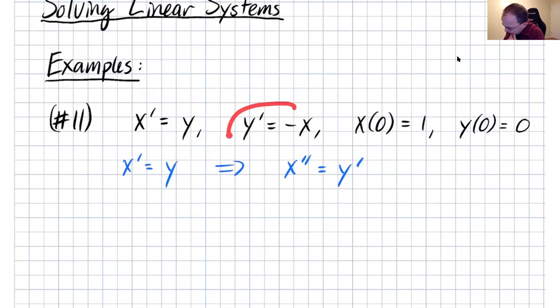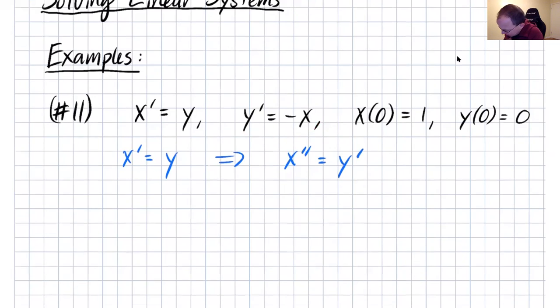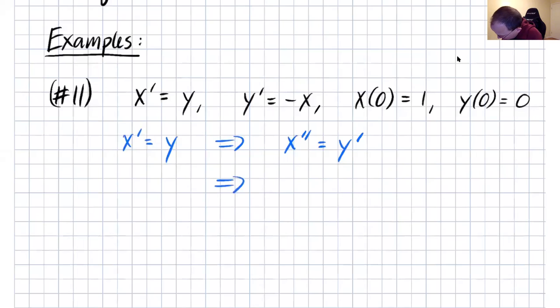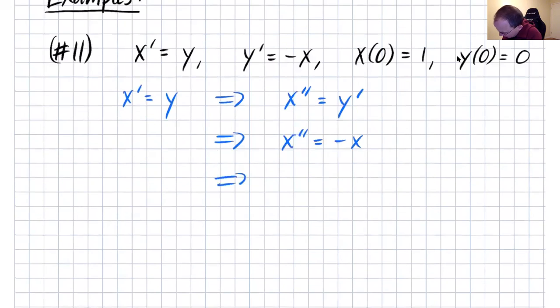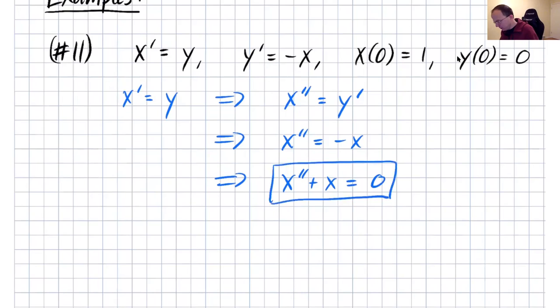And I have a formula for y prime, so I can stick that into this equation. So y prime is equal to minus x, and therefore we have x double prime plus x is equal to 0. And there we have an equation that we know how to solve.